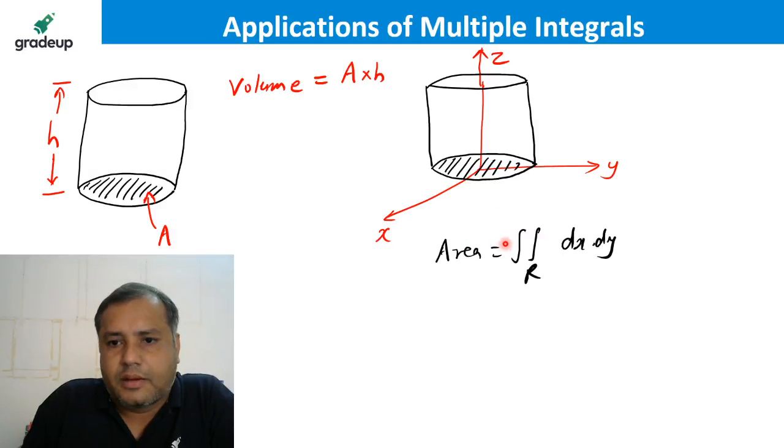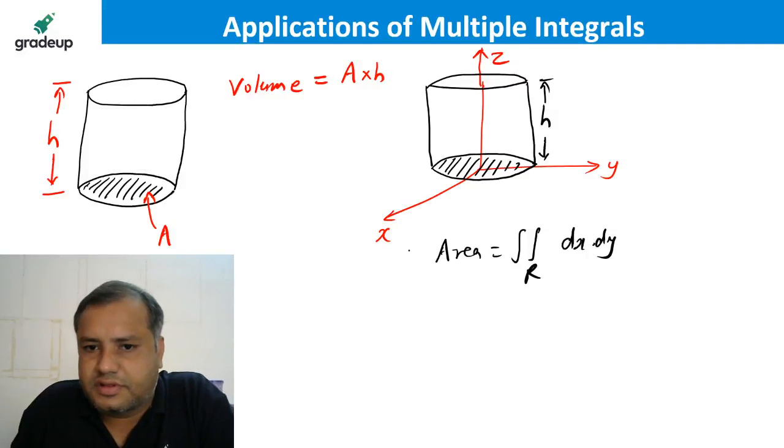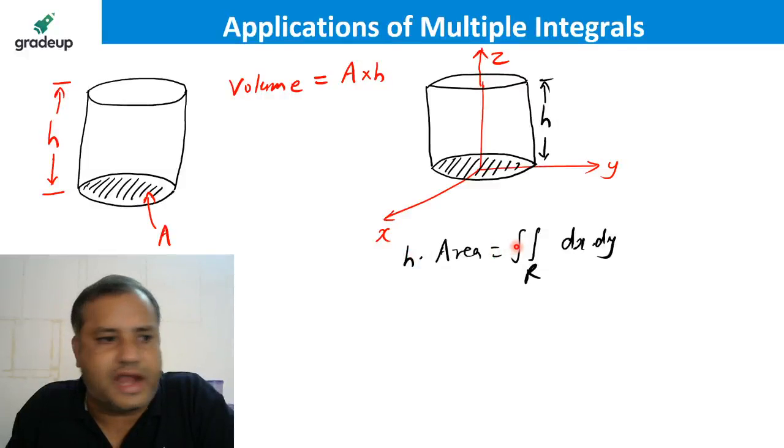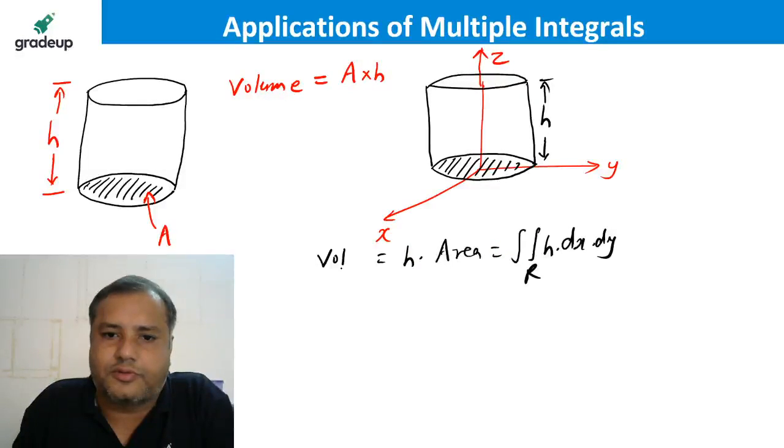But if you multiply it by the height, say h, then this will turn to be volume. Since h is constant, either you write h outside or inside, it will not make any difference. So this will be your volume.